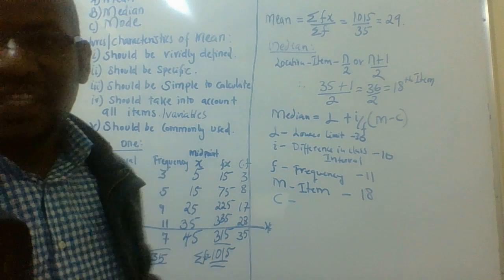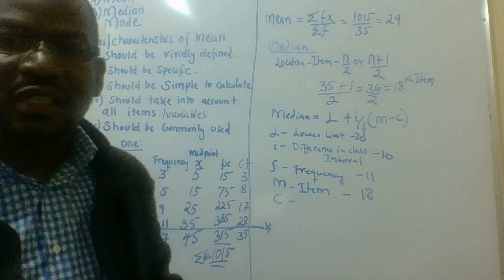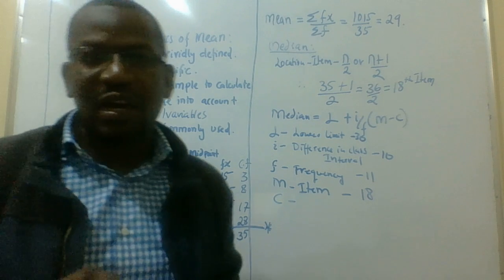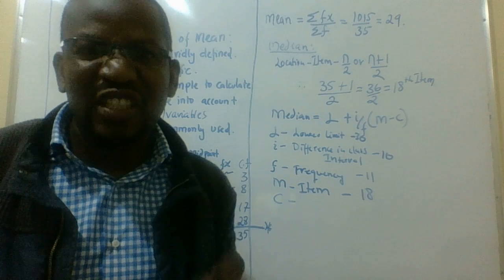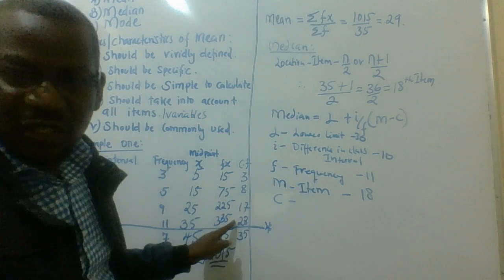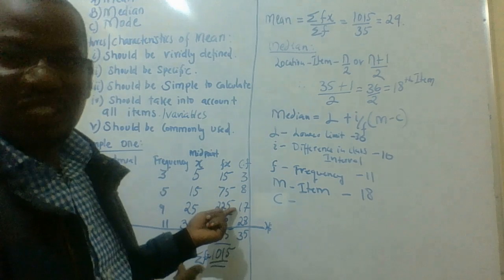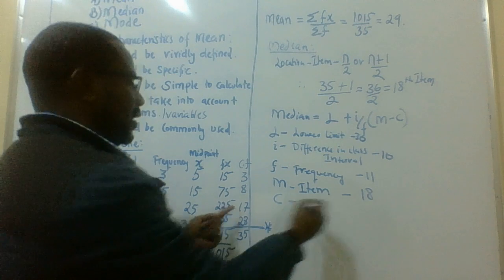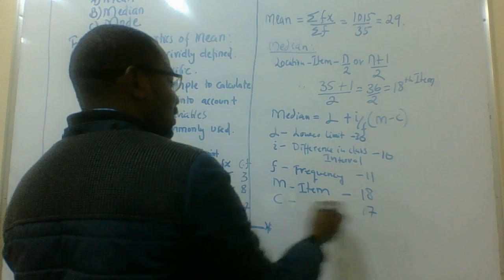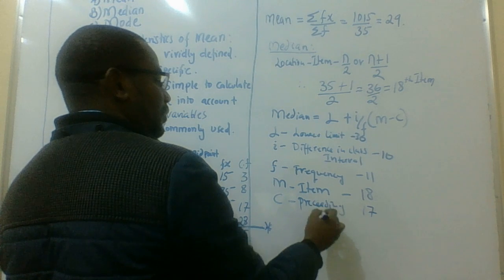And lastly, c is the upper or preceding CF. We underline 28, but the one that is above 28 is 17. So 17 is the preceding CF.